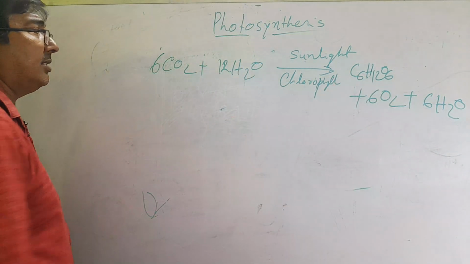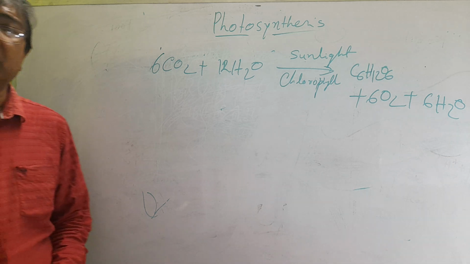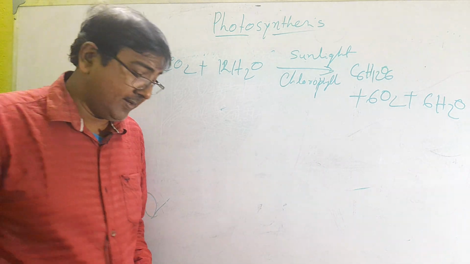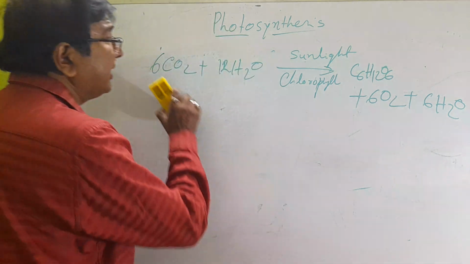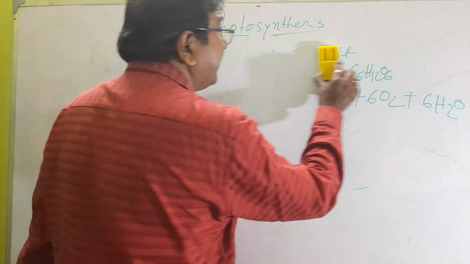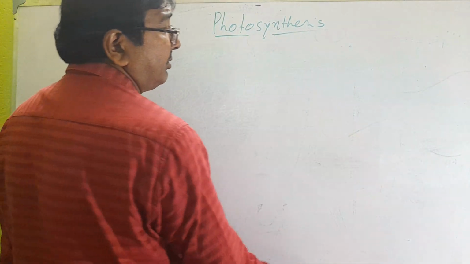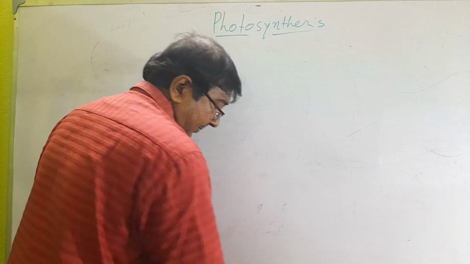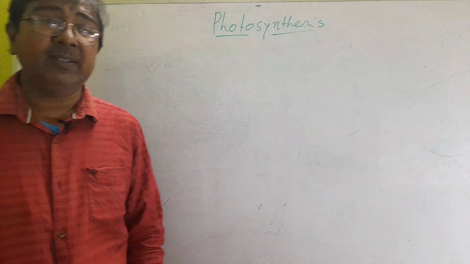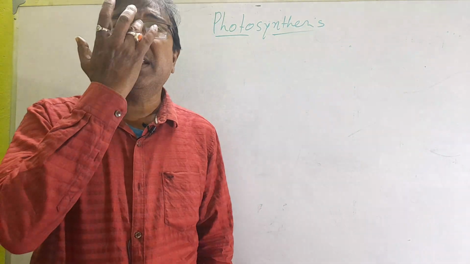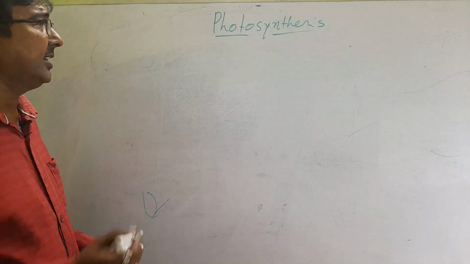This is the chemical equation of photosynthesis. It is also important for ICSE students and Madhyamik students, Bengali medium students.